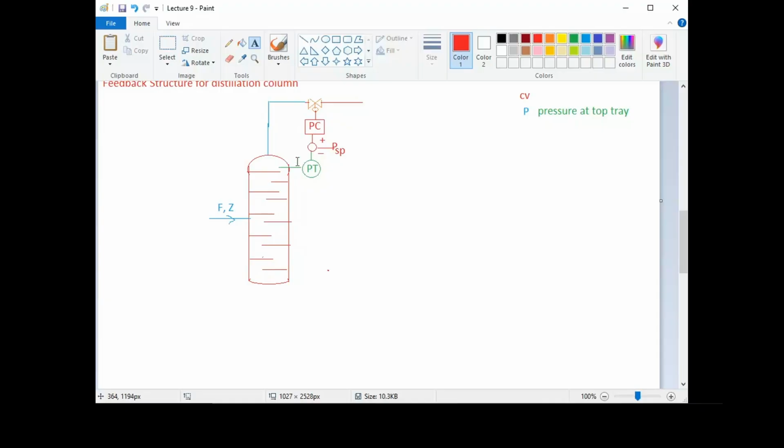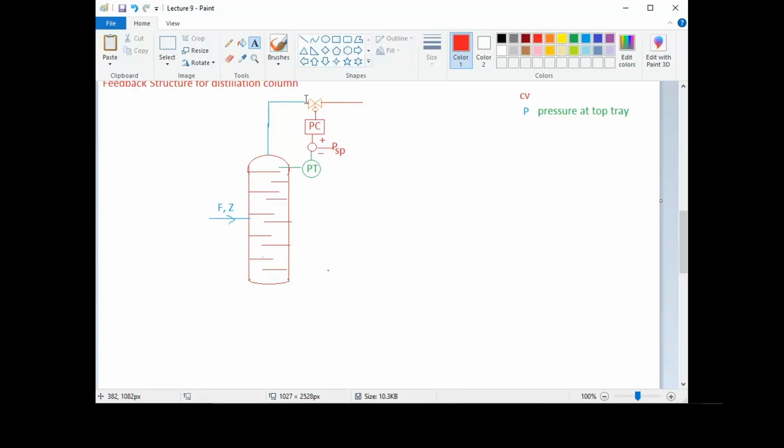So here the pressure at the top tray will be measured by pressure transducer or the pressure transmitter. This will be compared with the set point value. An error will be generated, and that error will be given to the pressure controller. And this pressure controller gives the control signal to the valve.